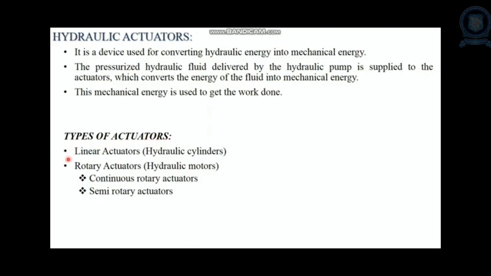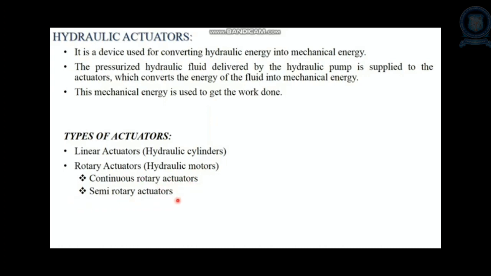The end component is mainly divided into two types, that is linear actuators and rotary actuators. The linear actuators are called hydraulic cylinders, and the rotary actuators are called hydraulic motors. Again, the rotary actuators are divided into two types, continuous rotary actuators and semi-rotary actuators.